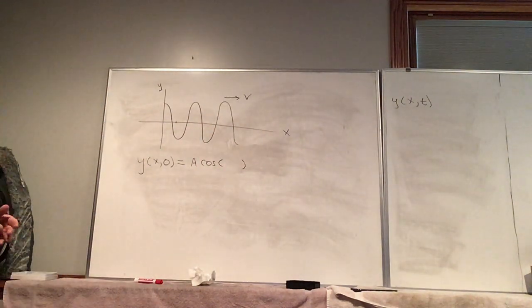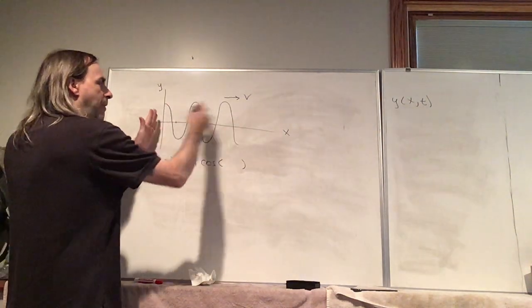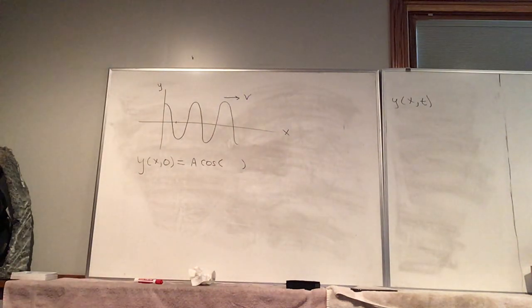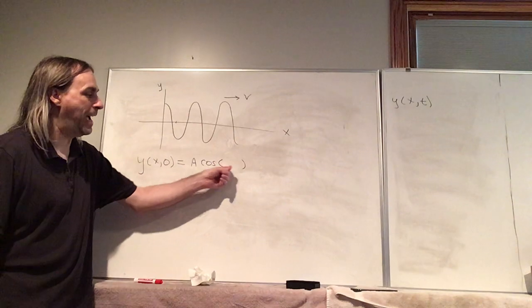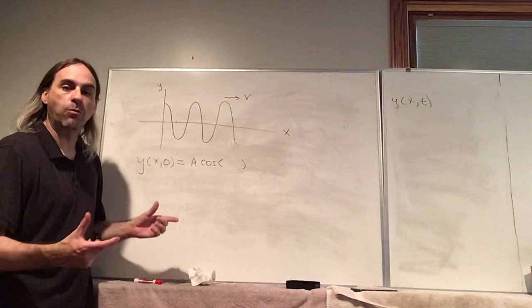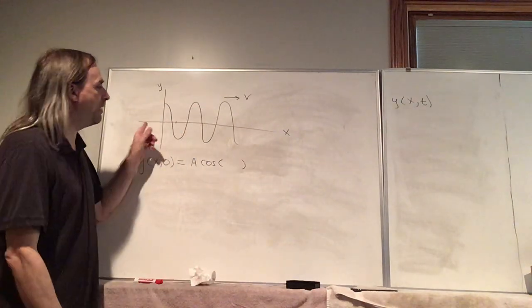Okay, but also just saying cosine of x, that would mean this wave would have a specific length, basically. Because with cosine of x, when x equals 2 pi radians, then you've completed one cycle. And so that would fix the wavelength, but waves can have different wavelengths.